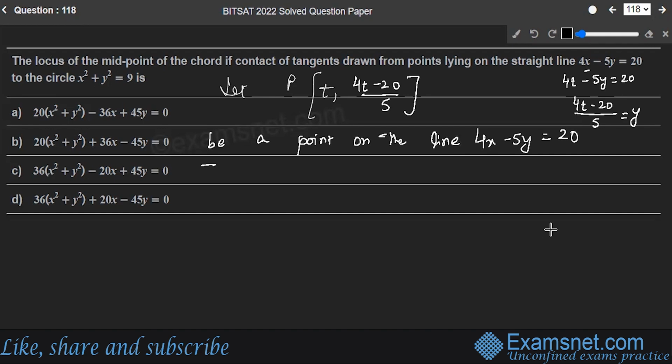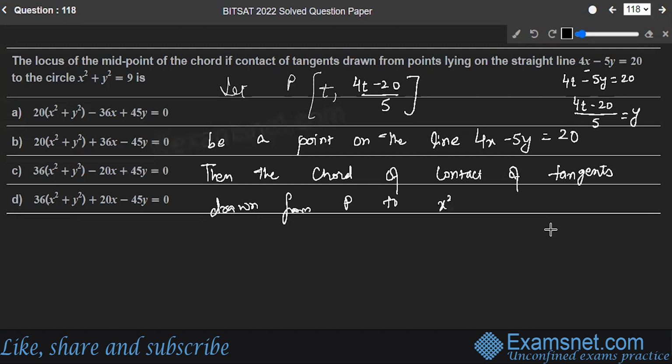Then the chord of contact of tangents drawn from P to the circle is given by t into x plus (4t minus 20) upon 5 into y is equal to 9.